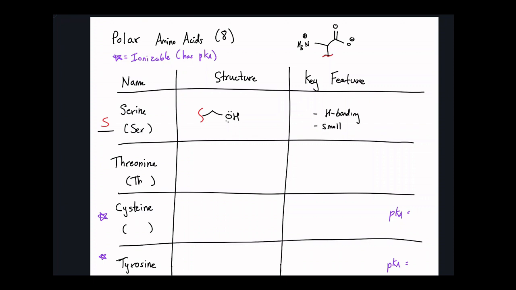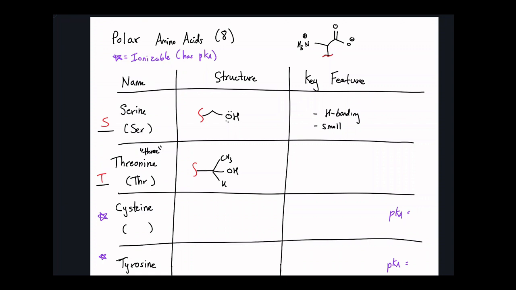Threonine is THR. Its 3-letter code is THR. Its 1-letter code is T. And what happens here, and this can be kind of difficult to draw, but I like to view it as threonine means you're connected to 3 different things. We have our carbon, and that carbon is connected to 3 different things: a methyl group, an OH, and a hydrogen.